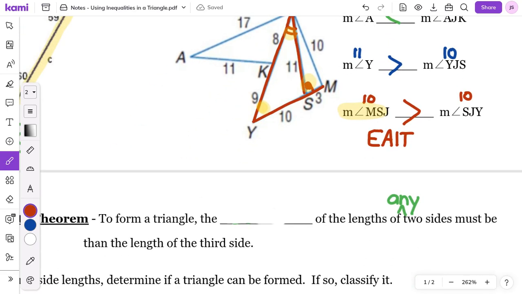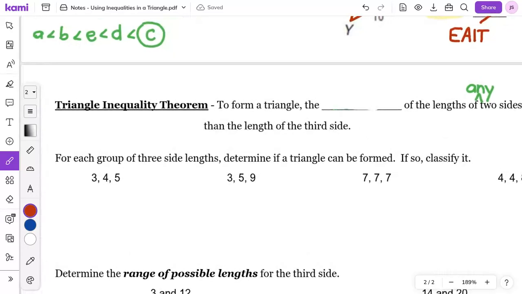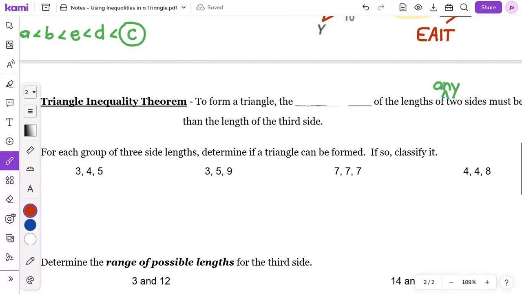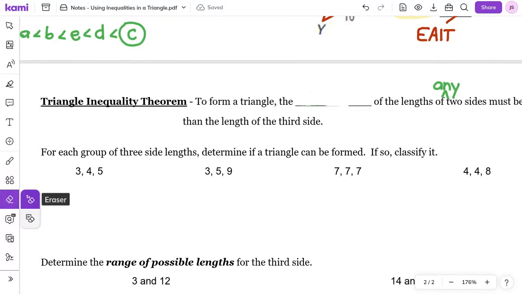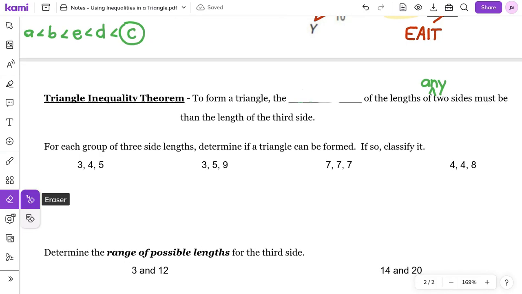All right, the last theorem that we're going to learn about here is the triangle inequality theorem. Really, all that you need to know about this is that when you're given three lengths, they don't always form a triangle. If you think about three pieces of string, and you want to connect them to form a triangle, they need to have certain lengths in order to connect and still have some area inside of them.